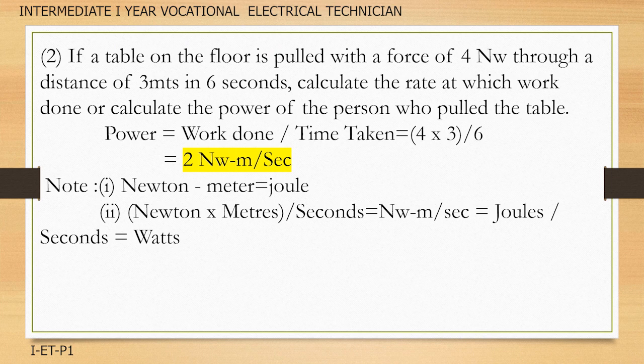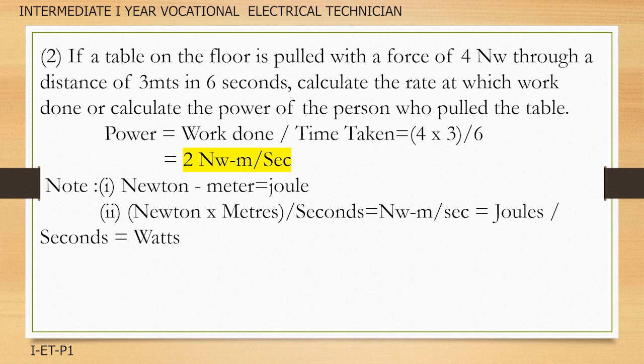Second, a table on the floor is pulled with a force of 4 newtons through a distance of 3 meters in 6 seconds. Calculate the rate at which work is done, or calculate the power of the person who pulled the table.